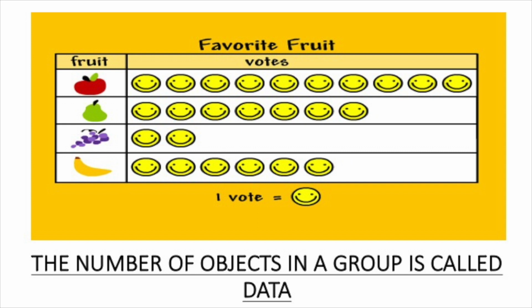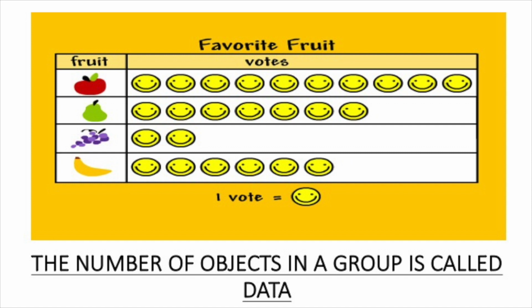And with most pictograms and other graphs too, there will be something called a key, which will tell you how much each part of the data represents. Like here, 1 smiley face equals 1 vote. So we know that for bananas, there are 6 votes.